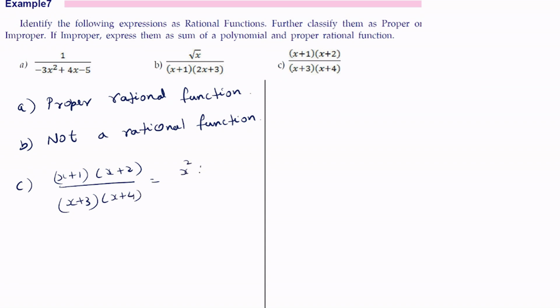So this is x square plus x plus 2x, which is 3x plus 2 upon x square plus 3x plus 4x is 7x plus 12. So here the degree of numerator and the denominator are the same. Therefore, it is an improper rational function.